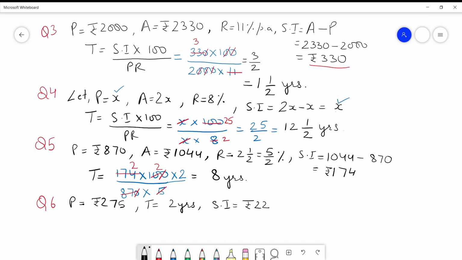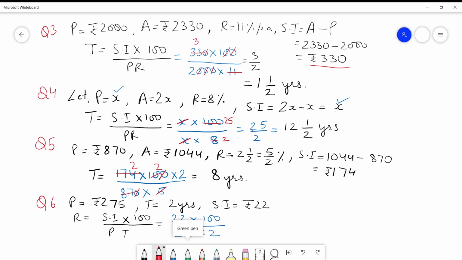And the formula for the rate is SI into 100 over P into T. That means SI is 22 into 100. Principal is 275 into 2.